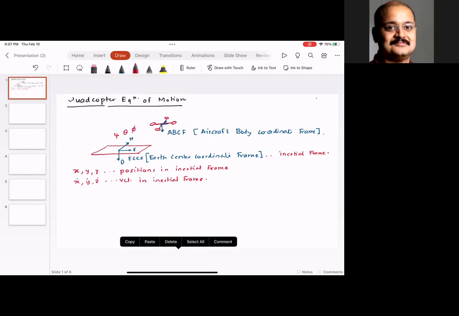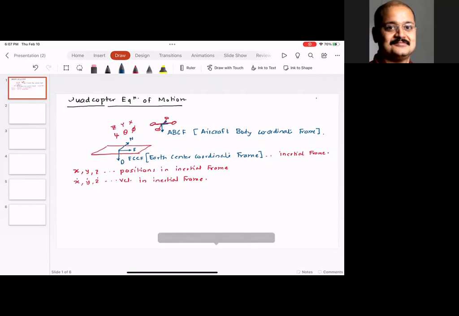So basically Z, Y, X. These are the Euler angles, the rotations that would take the Earth center, Earth fixed frame to the aircraft body coordinate frame. In the last class and the class before, we derived the kinematic equations of motion. Now, kinematic equations of motion are free from mass and inertial properties.